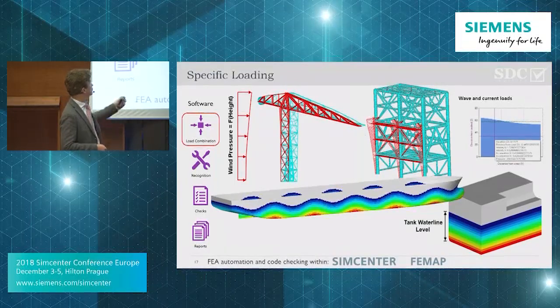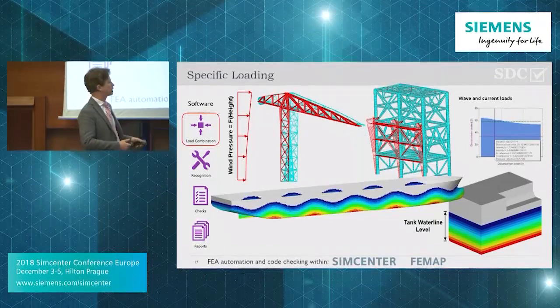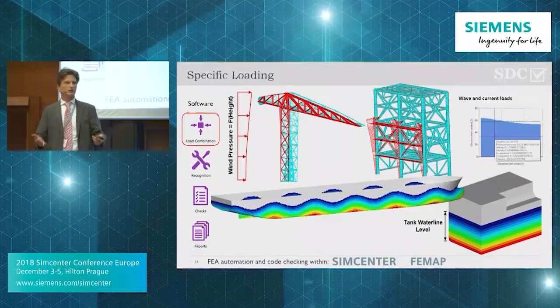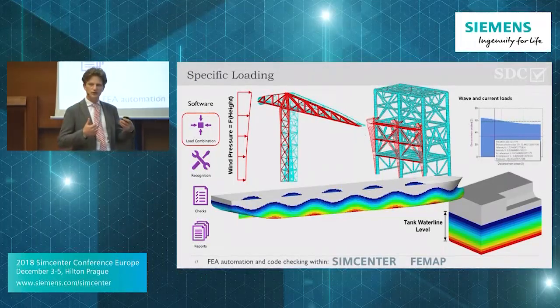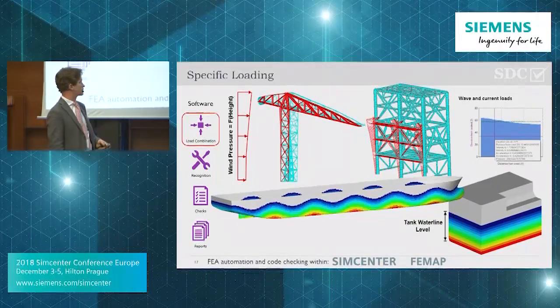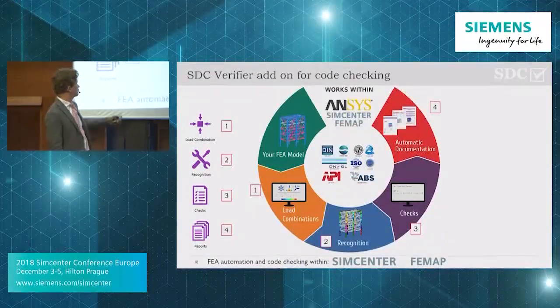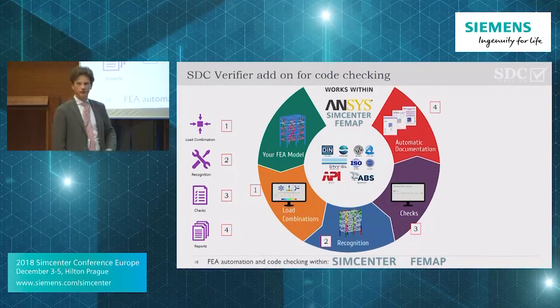Wind load according to standards, and wave loads, where you just apply a pattern and make a selection of all the elements you want to apply the load to, and that is done in a couple of seconds. So that is the load combination first check.